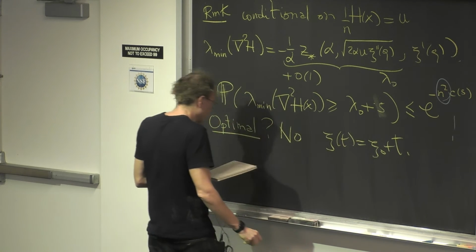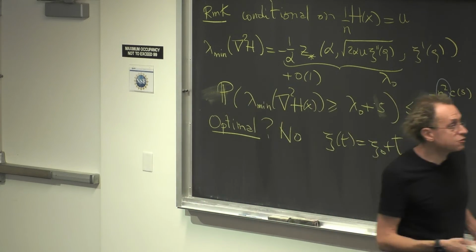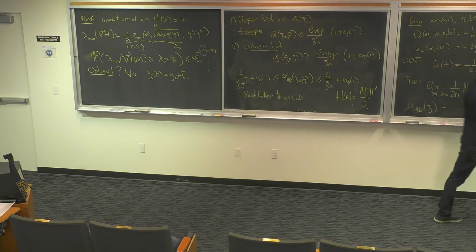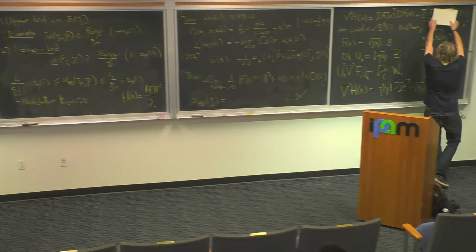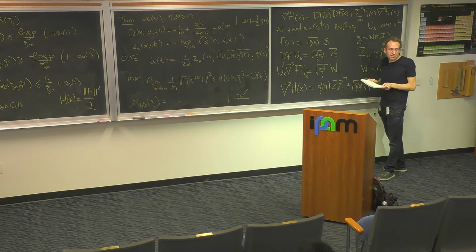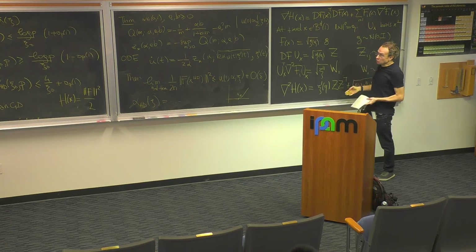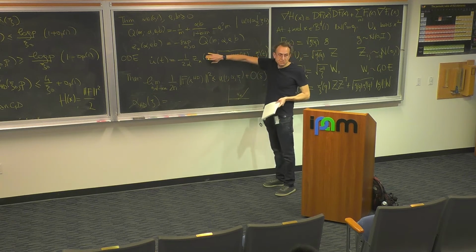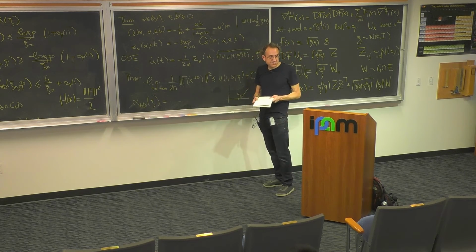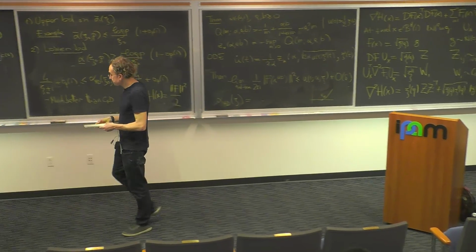In my language, you can either plug in the formula or listen to what I said. In that case, this part is 0, and so the Hessian is positive definite at every point, and so the minimum lambda will always be 0, so this will be 0. You will not decrease the energy at all. You don't have any descent direction in the Hessian.